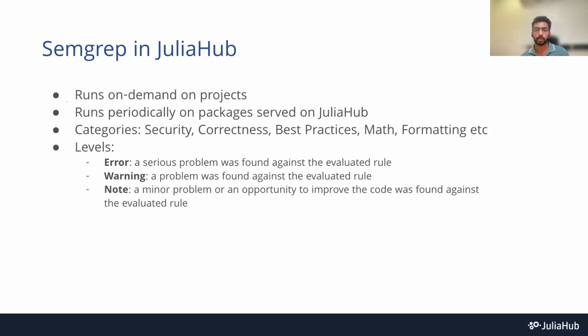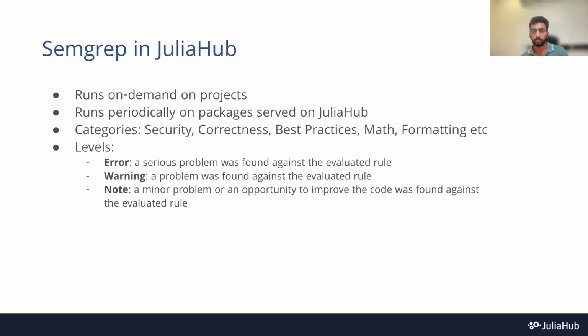The second way is that we run it across all the packages and registries that are served on JuliaHub across versions, ensuring ongoing code quality and security for those packages. The analysis covers a variety of categories ranging from security vulnerabilities, code correctness, best practices, and even code formatting.